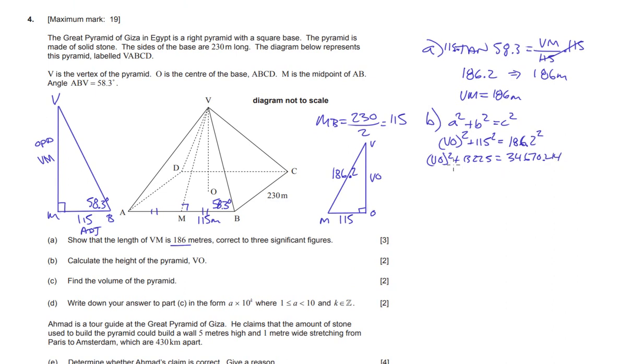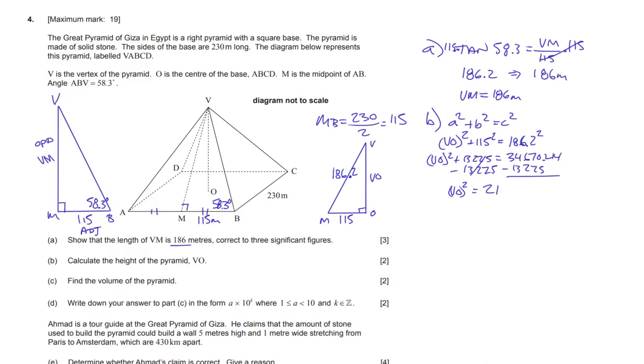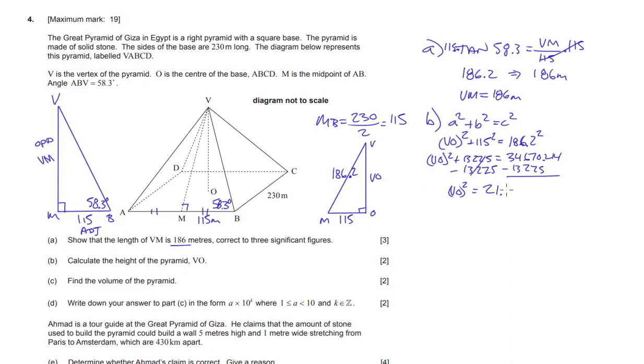Right. So to figure out what VO is, we have to subtract the 13,225 from both sides, and we get VO squared is 21,445.44.